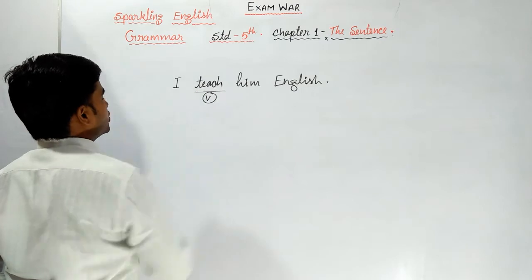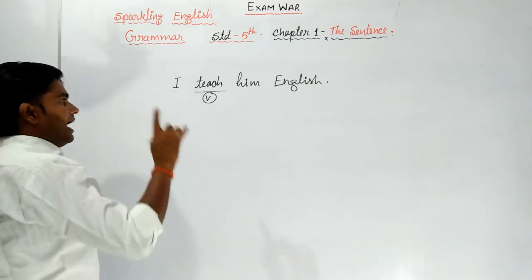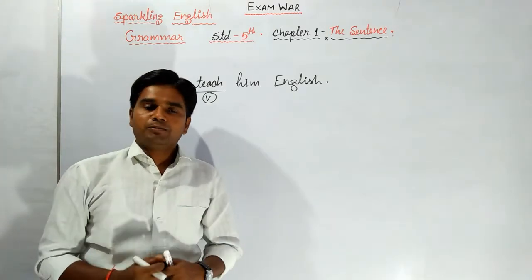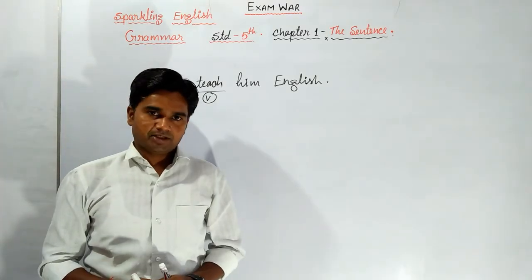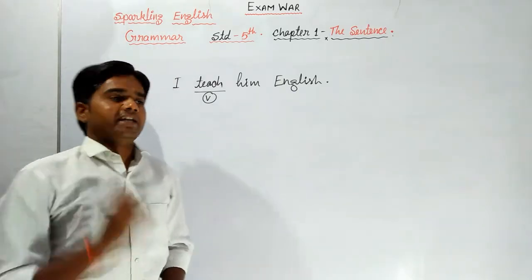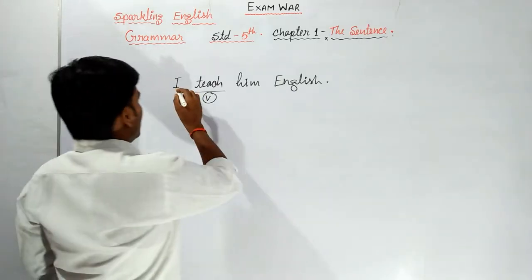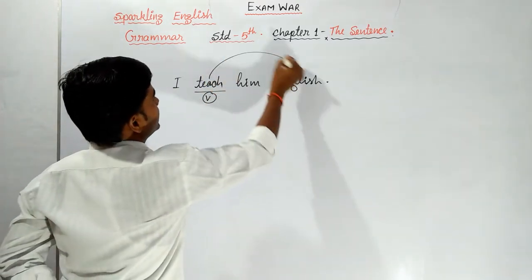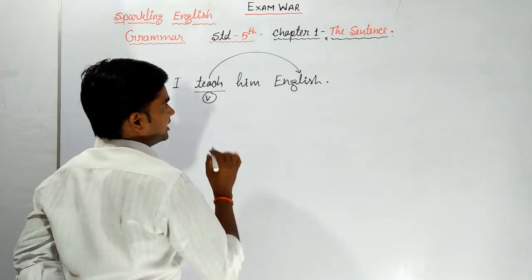Verb is teach. And the word which gets the direct effect of verb, that is direct object. And which gets indirect effect, that is indirect object. So, I teach him English. What do I teach? English.